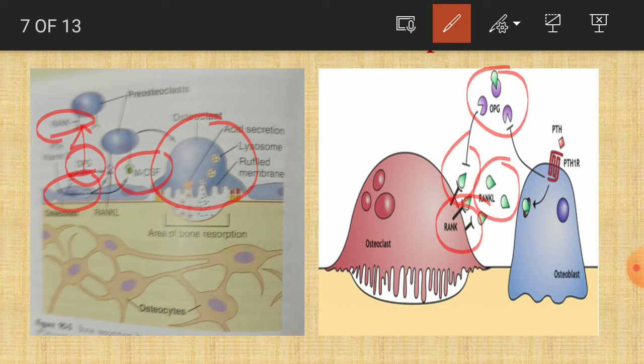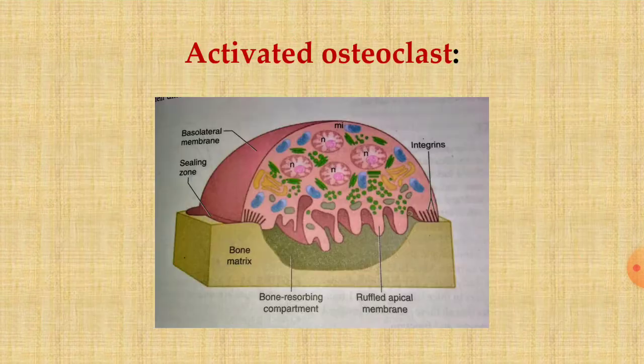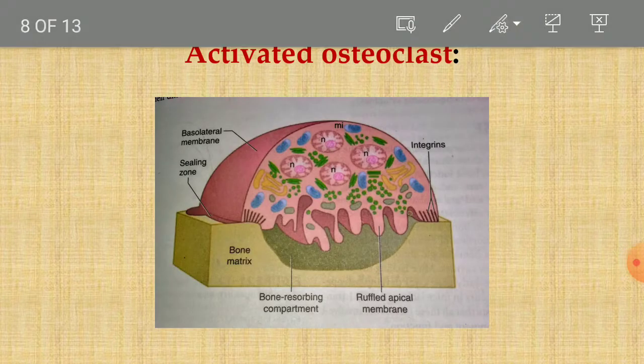So now let us see what actually happens when this osteoclast gets activated. What is the effect of activation of osteoclast? This is our next task to learn. Here in this picture, you are seeing an activated osteoclast.